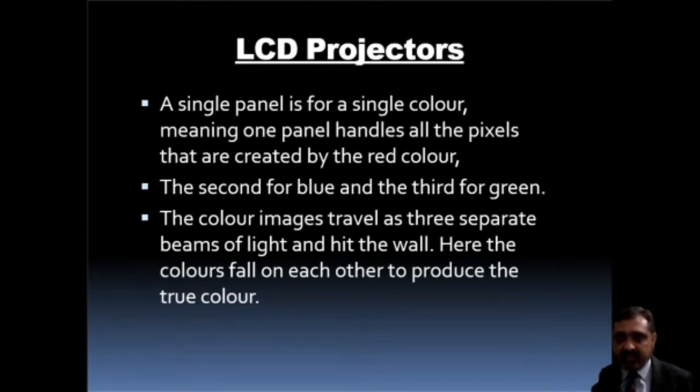As polarized light passes through the panels, the combination of polarized LCD panels and analyzer lets individual pixels be opened to allow light to pass or closed to block the light. The combination of open and closed pixels can produce a wide range of colors and shades in projected images.